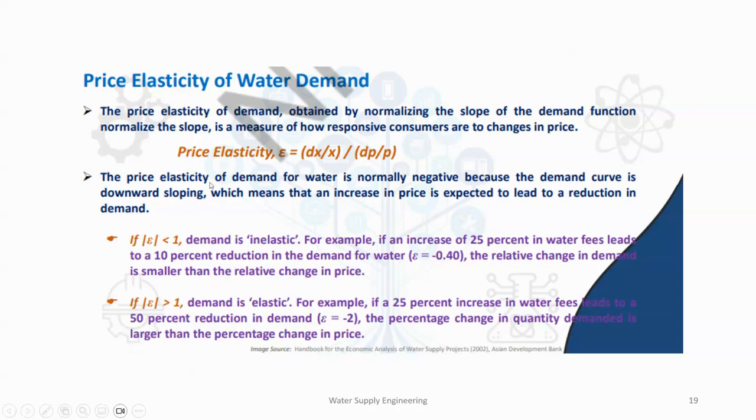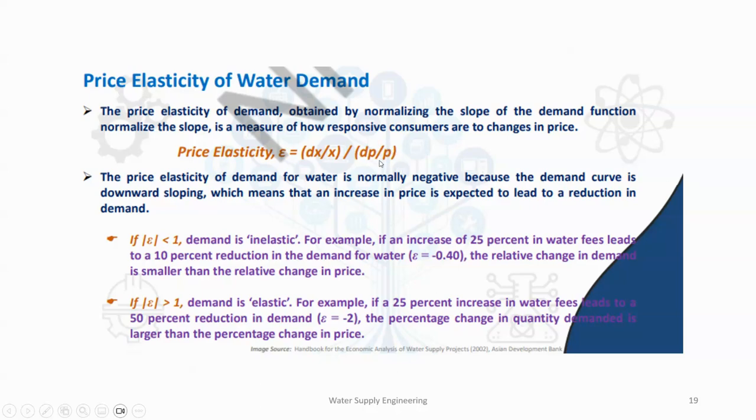So if the absolute value of epsilon is less than 1, then we say that demand is inelastic. That is, for example, if there's an increase of 25 percent in water price leading to a 10 percent reduction in the demand for water. That is, the relative change in demand dx by x is less than the relative change in price dp by p.